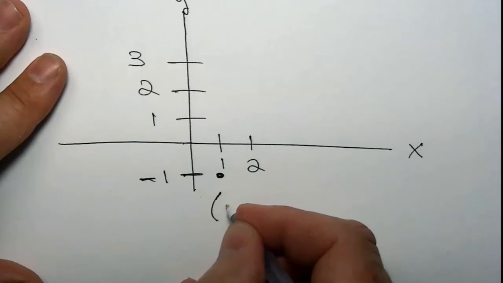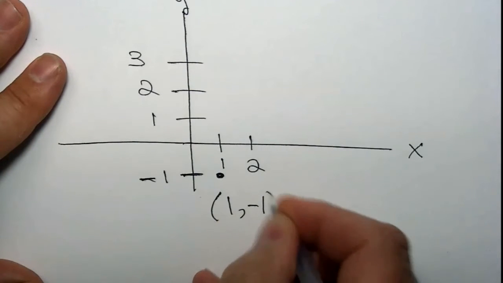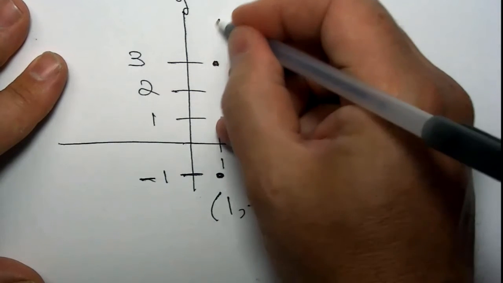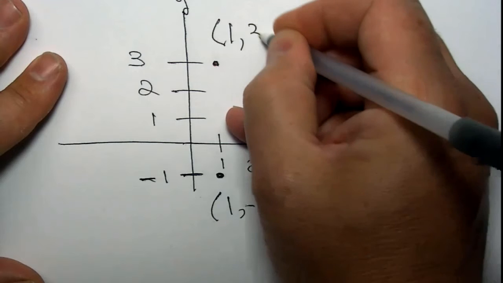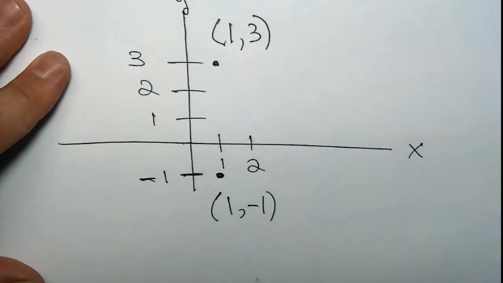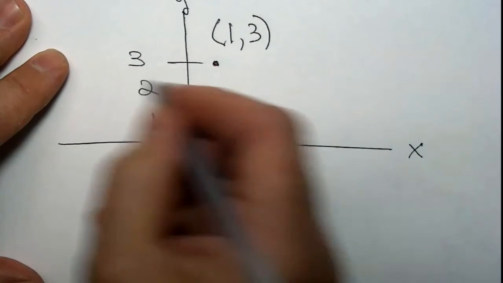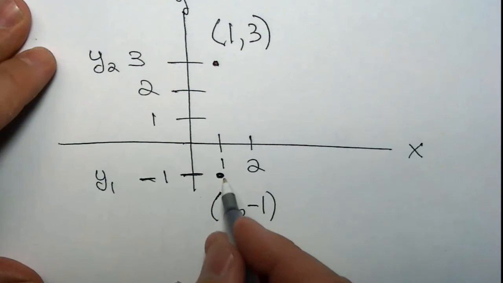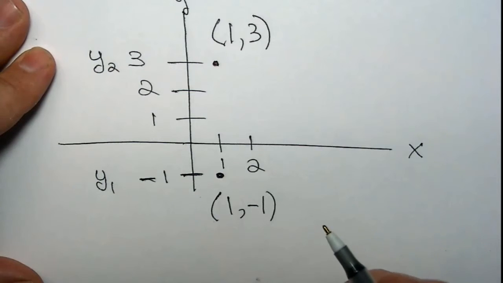That would be 1, -1, x first and then y. And then we'll put a point up here, and we'll label that one as 1, 3. Let's label this one y2 and label this one y1. And we don't really need to label the x. It's the same x value.